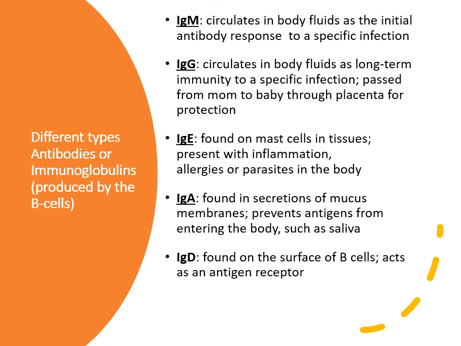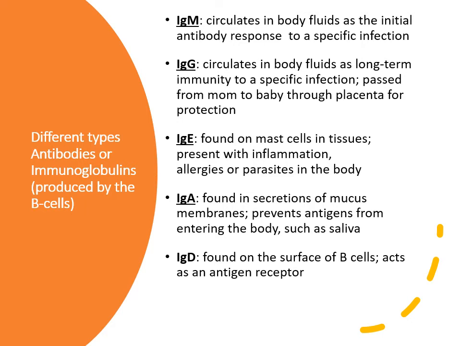It's also the type of antibody that's passed from the mother to the fetus through the placenta to provide immune protection to the fetus, which lasts even after the fetus has been born, right? So a neonate still has circulating antibodies from the mother for the first few months of life.